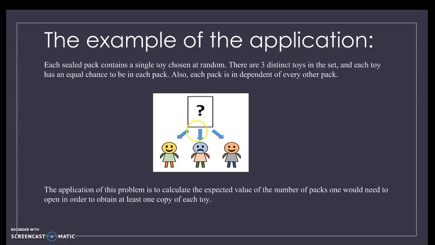These 3 distinct toys in the set have an equal chance to be in each pack. So each pack is independent of every other pack. The application of this problem is to calculate the expected number of packs one will need to open in order to obtain at least one copy of each toy, meaning the complete set of all the 3 toys.